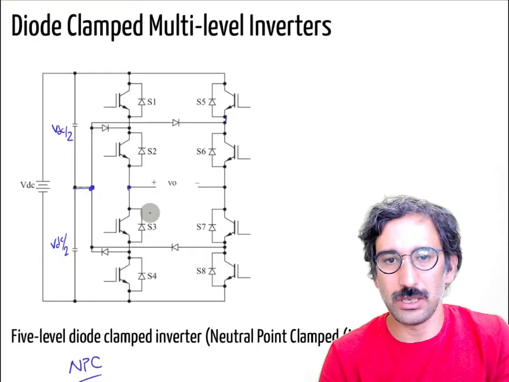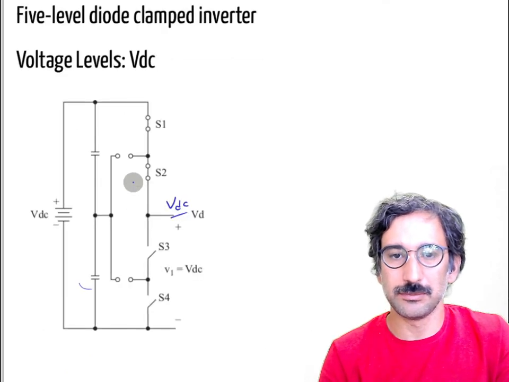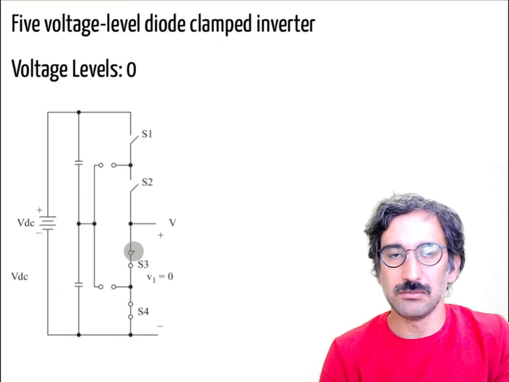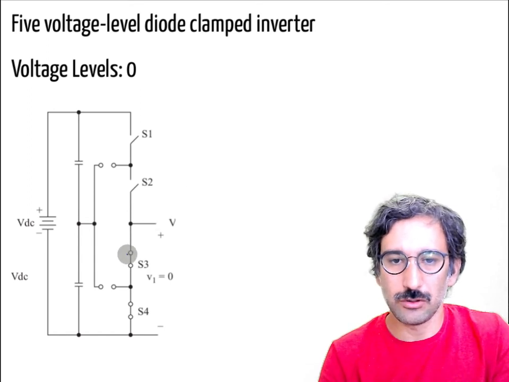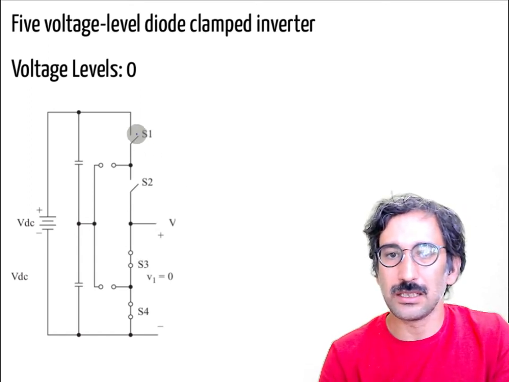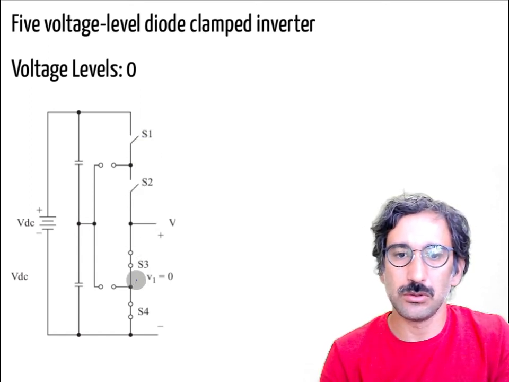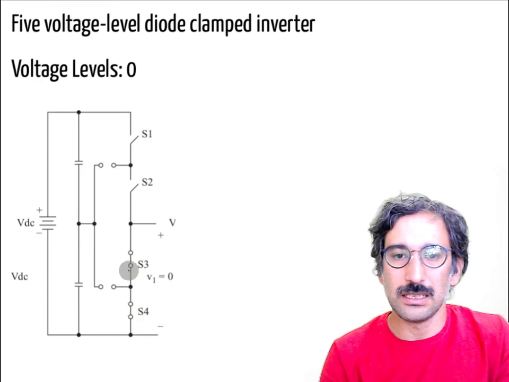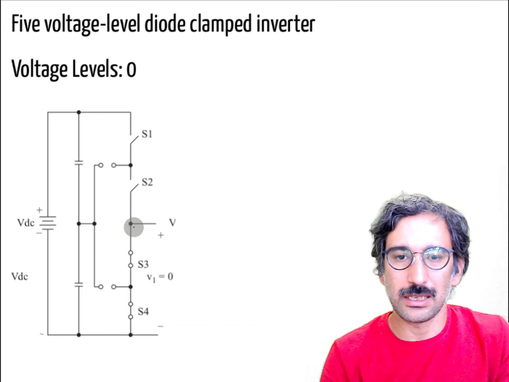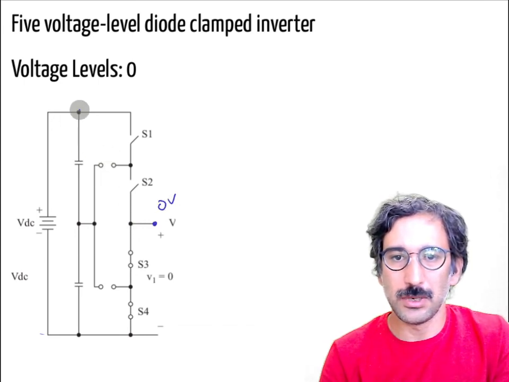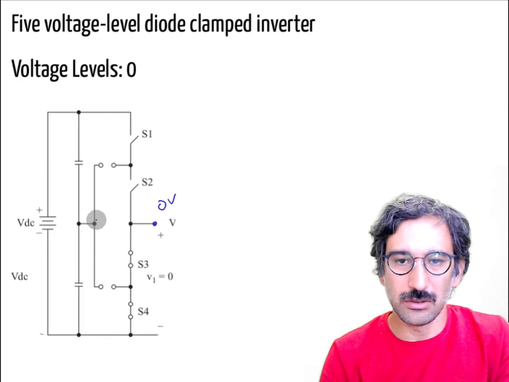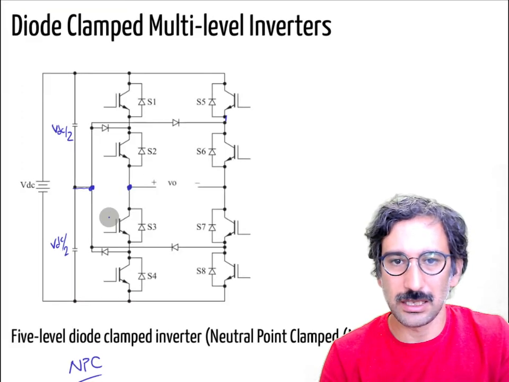In that point I can connect to VDC. Then I can do the conjugate of that one. I can turn off S1 and S2, and turn on S3 and S4. Now that is connected to here, so that is 0 volts, and my diodes are still reverse biased, so the same thing happens.